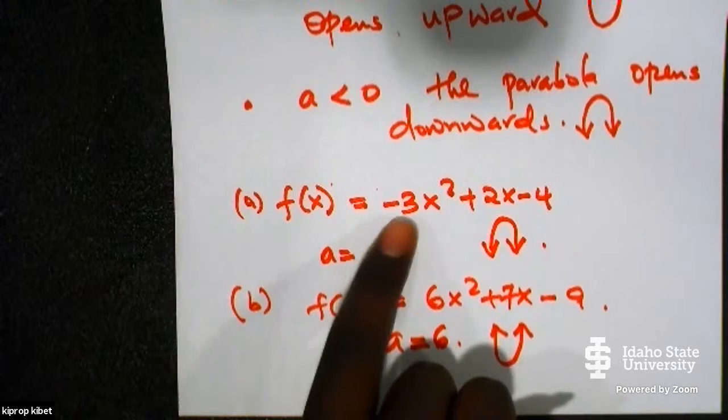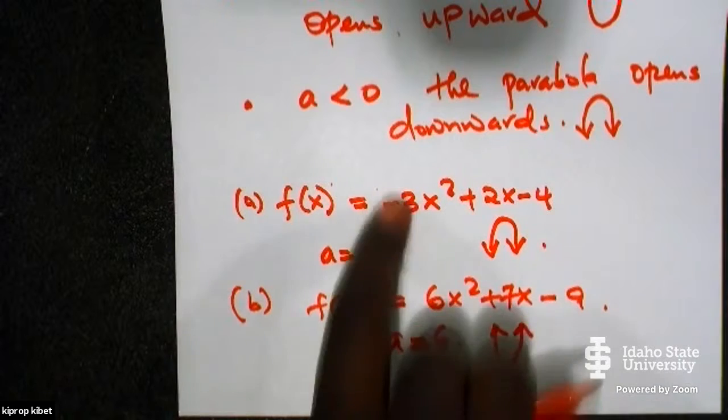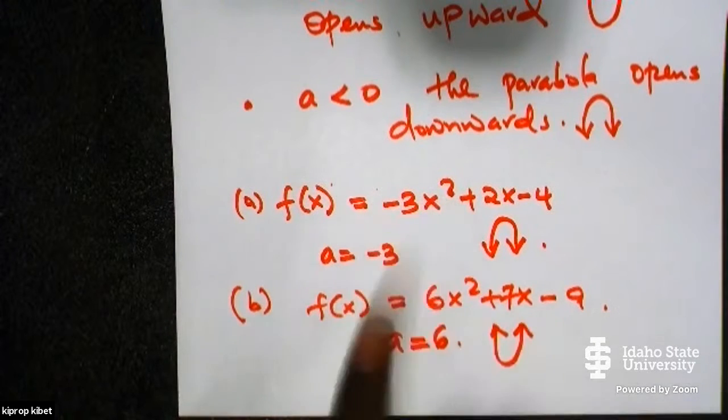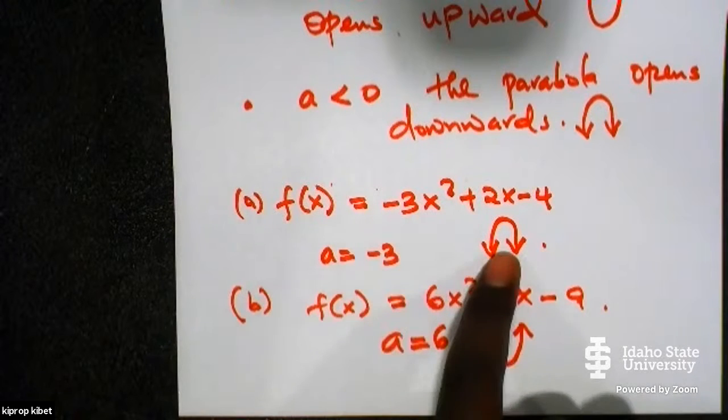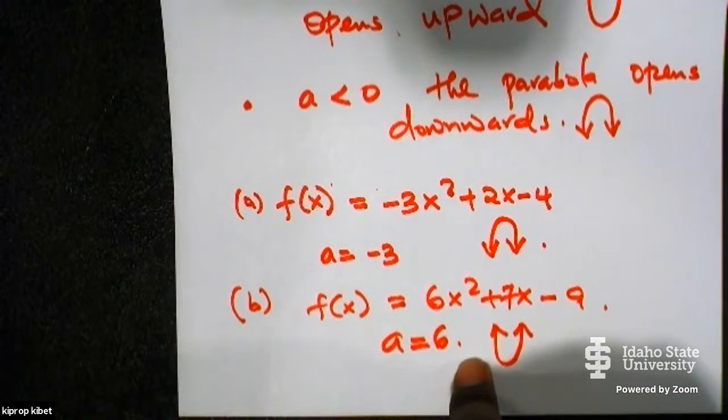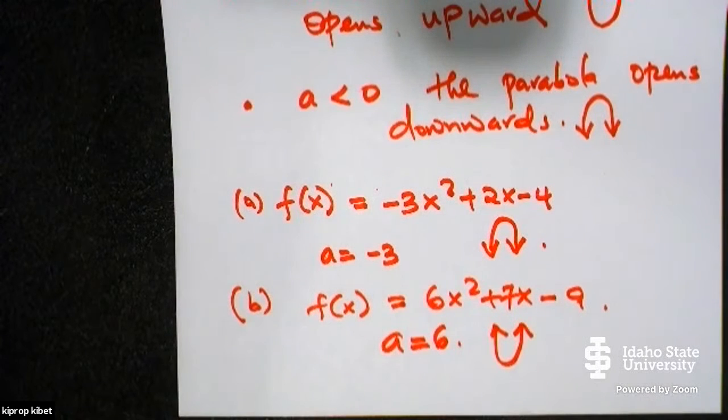So you start by looking at the value of A. Before you even draw the graph, you'll know that this one is facing downwards and this one is facing upwards. Any question up to there?